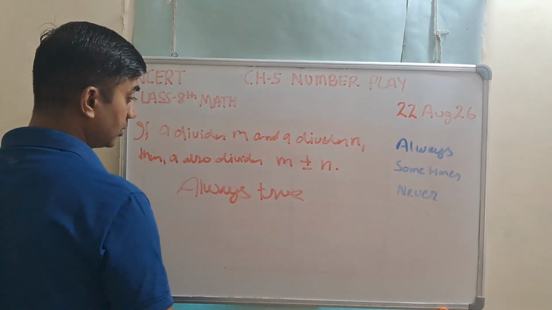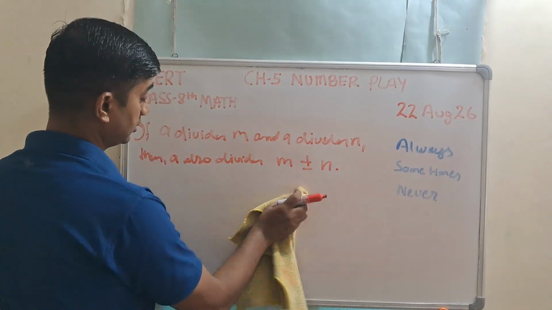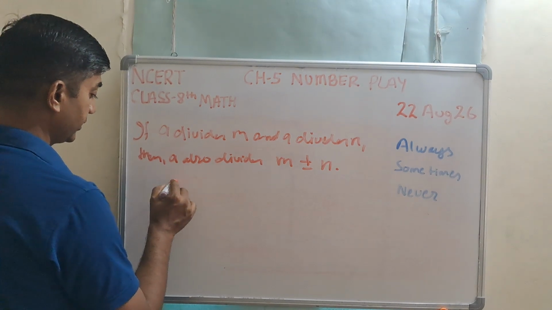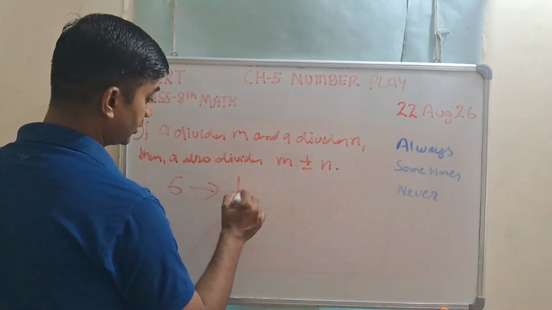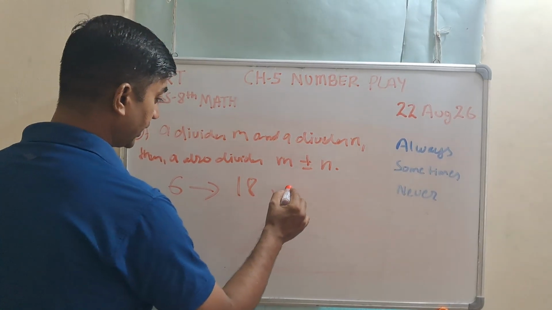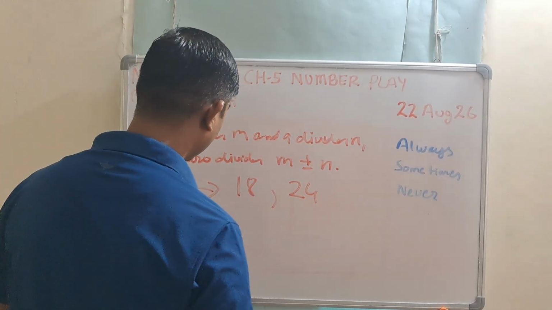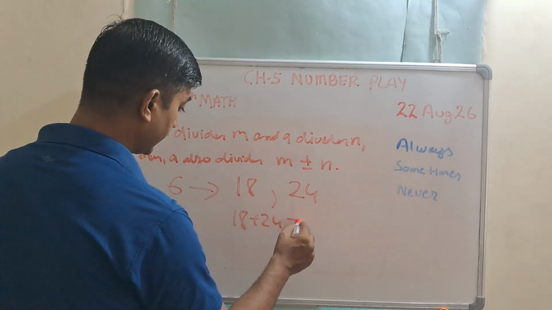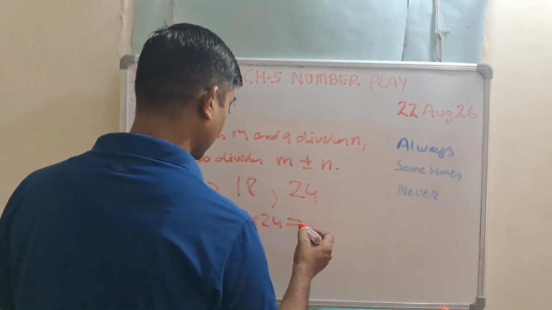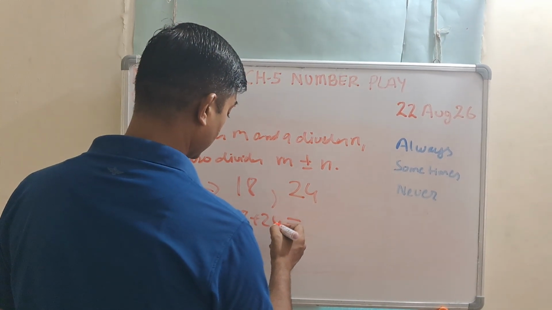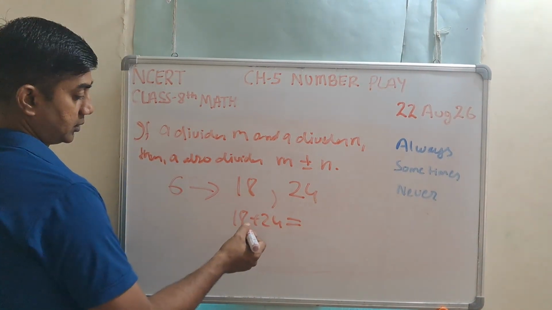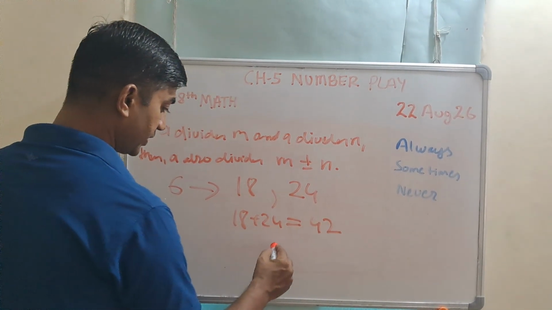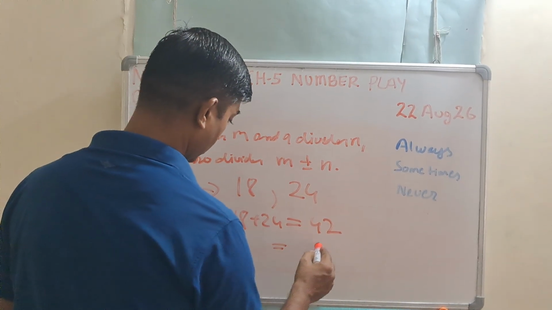We will see an example. Let's take the example of 6. Suppose 6 divides 18 and 6 divides 24. Then 18 plus 24 is 42, and that is divisible by 6.